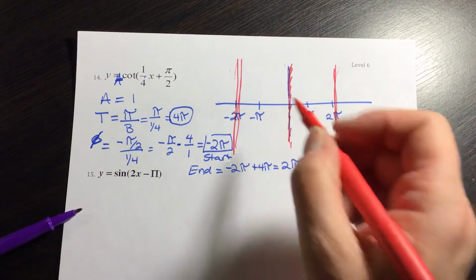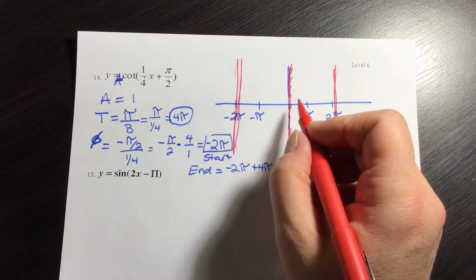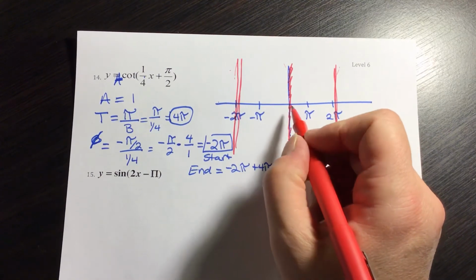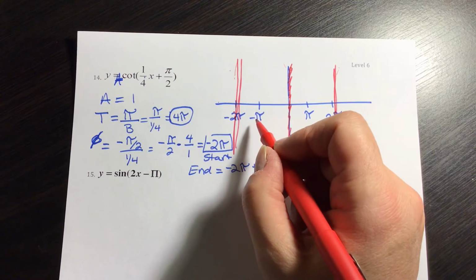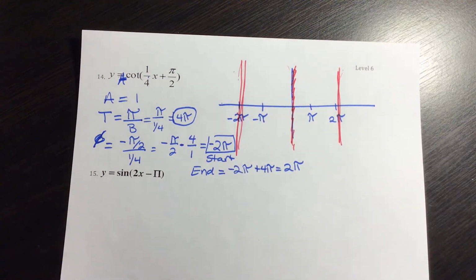So generally, cotangent is going to be just like tangent, and I'm going to look back at that graph.